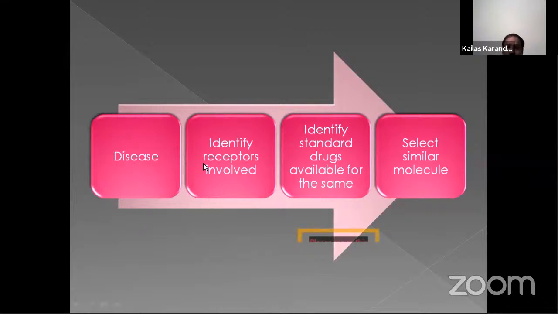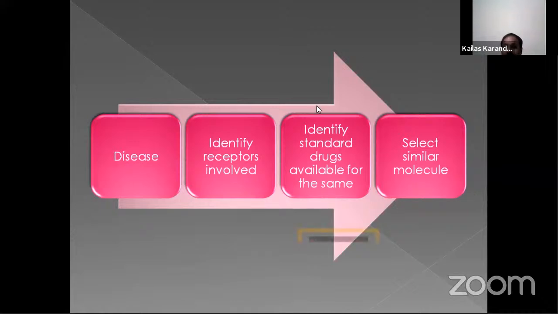So we need to identify the different receptors involved in the disease. Once we identify the receptors, it is now time to identify the standard drugs available for the same. For the sake of example, if you are suffering from any hypertensive disorder, then atenolol could be the standard drug.